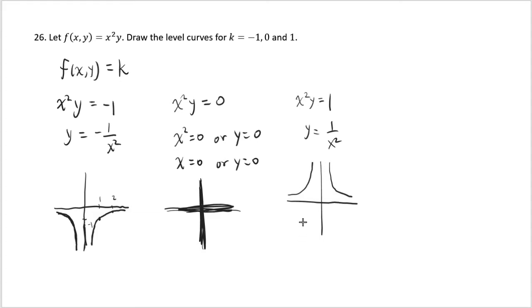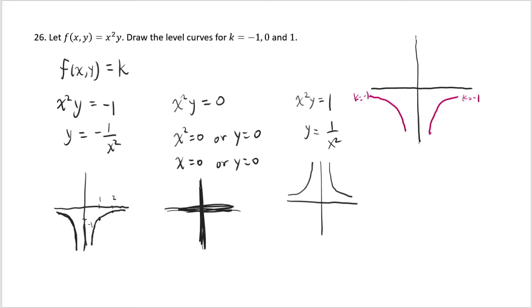Okay, and what do you do with this? When you have different level curves, it doesn't tell you much if they are separate. The best way to draw the level curves is to put them on a single graph. The first one is like this for k equals -1.